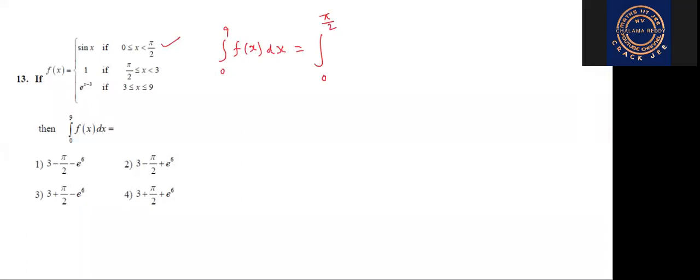What is the function? Sin x. Now go to the second function. Integration from pi by 2 to 3 of 1 dx plus integration from 3 to 9 of e power x minus 3 dx.